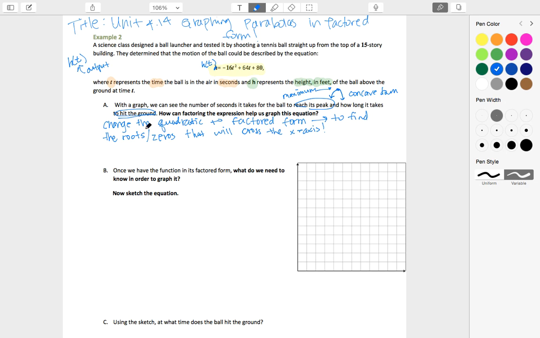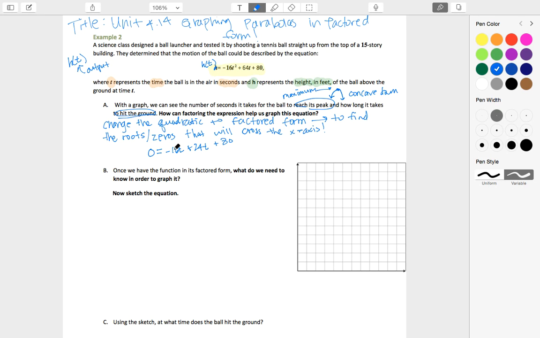So we have this, we're going to set this equal to 0. So we're going to do 0 equals negative 16t squared plus 64t plus 80. Okay, now you could start with box method, but this would be too large of a number to factor.